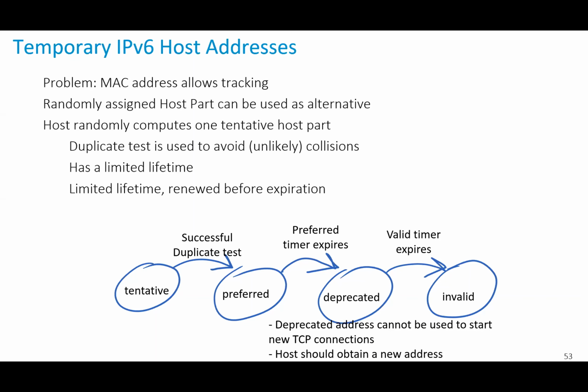So this is taken care of by keeping old addresses as long as they are in use. If you keep a session during a very long period of time with a server, the temporary address that was allocated to you at the time you connected to that server will remain valid. So your host will continue to respond to this address.